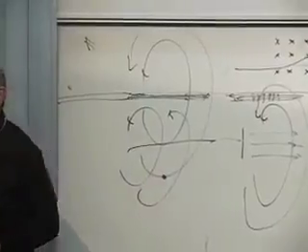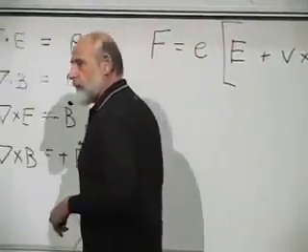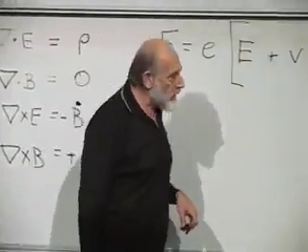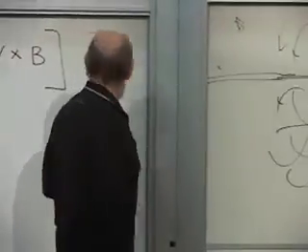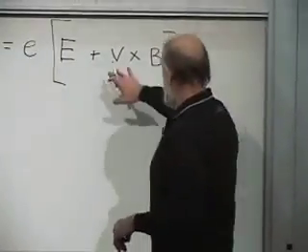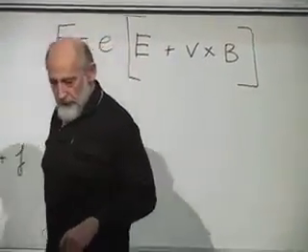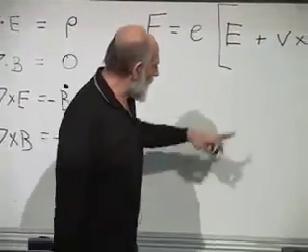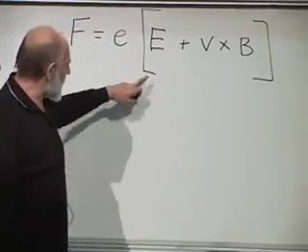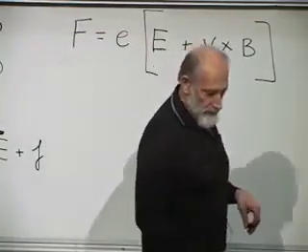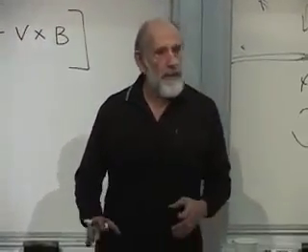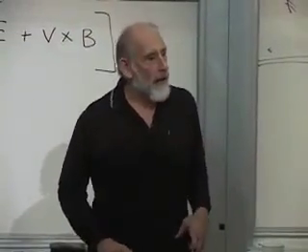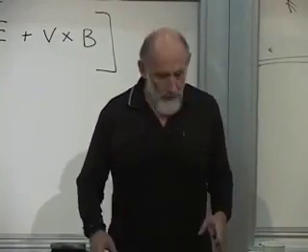The faster it moves, the larger the force. The larger the magnetic field, the larger the force. That's this term. This is called the Lorentz force law, electric and magnetic forces. This term is velocity dependent. This term is not velocity dependent. That's what we would like to get out of a fundamental theory of electromagnetism.